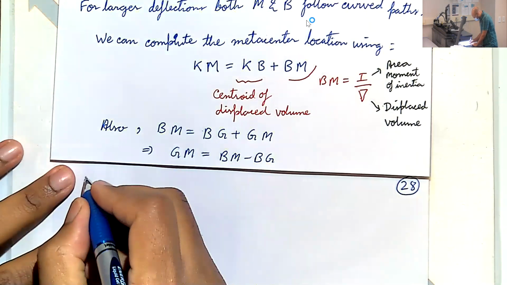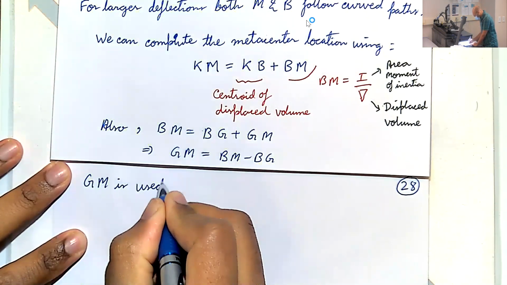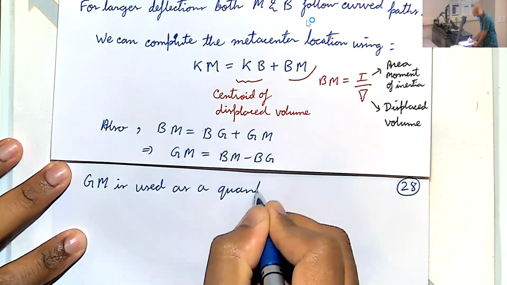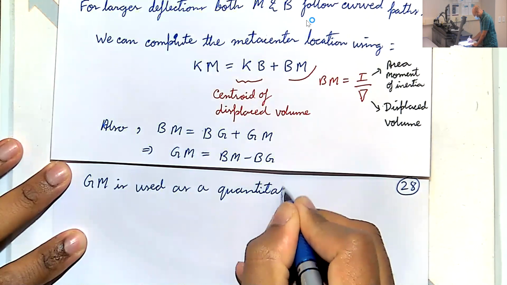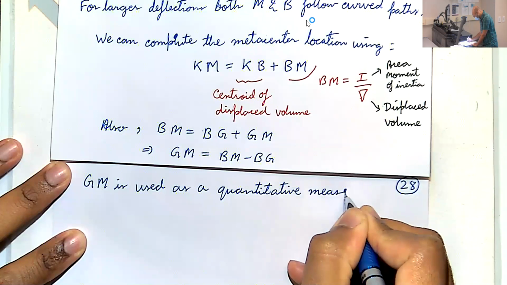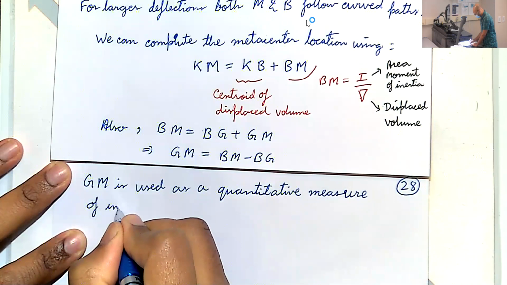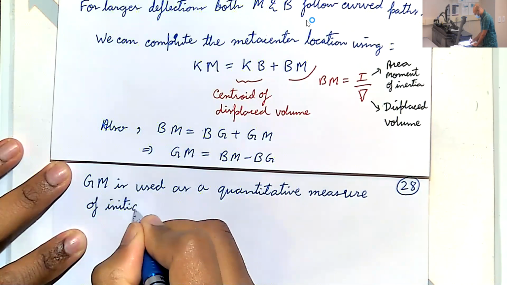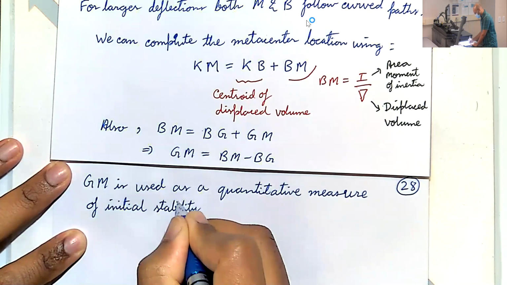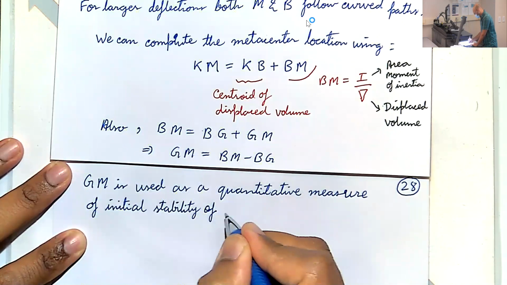All right, so GM is used as a quantitative measure of initial stability of a floating body.